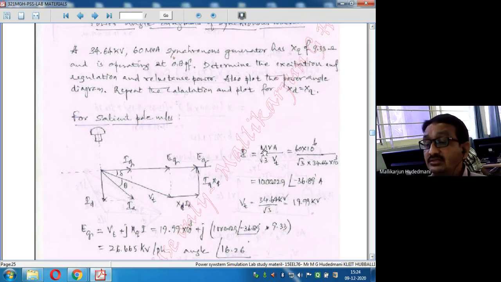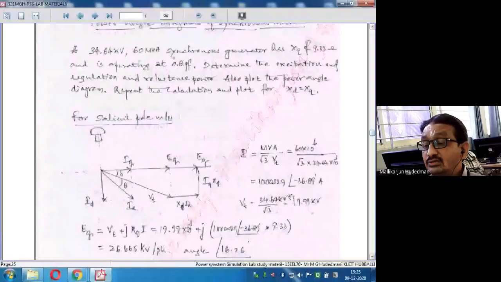When I evaluate this expression, I get a current of 1000.029 at an angle of 36.89. You may ask how I got this angle. You can see here, operating at 0.8 PF lagging, cos inverse of 0.8 gives 36.89 lagging, minus. So I get the current in the delivery path.